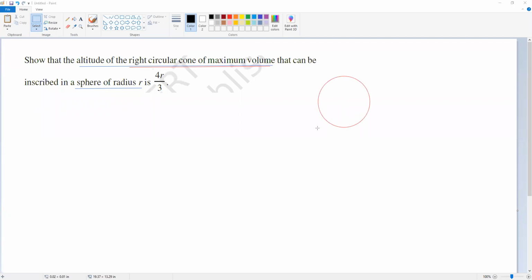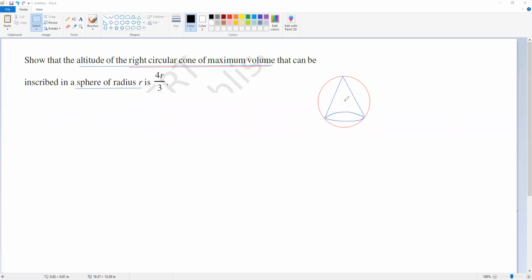I'm just drawing the circle. So इसके अंदर अलग अलग डायमेंशन का कॉन हम इंस्क्राइब कर सकते हैं. मैं एक रफ पिक्चर ड्रॉ कर रहा हूँ. So this is one cone inscribed inside the sphere.